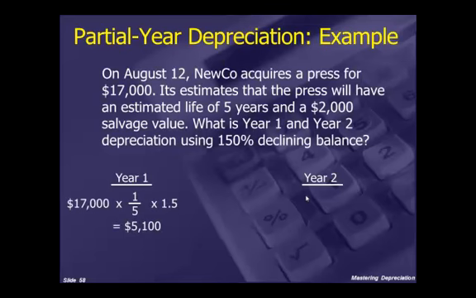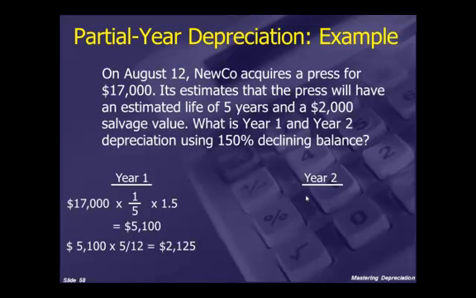We'll take the $17,000, estimated useful life of 1/5, which would be 0.20, 20%. Take it times 1.5, that would be 0.30 or 30%, and it will yield $5,100.